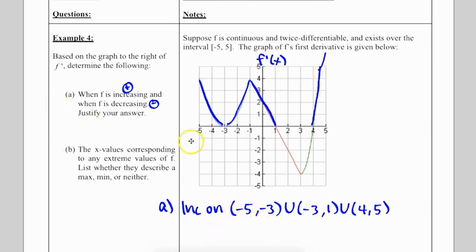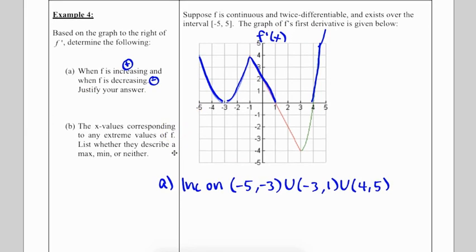It also tells us to justify our answer, so let's think, how do we know that f is increasing or decreasing there? Well, it's because we knew our slope was positive. So I can either say this as f prime of x is greater than 0, or I could also say because f prime is positive.